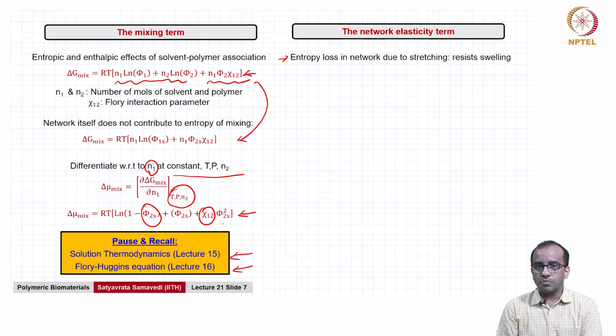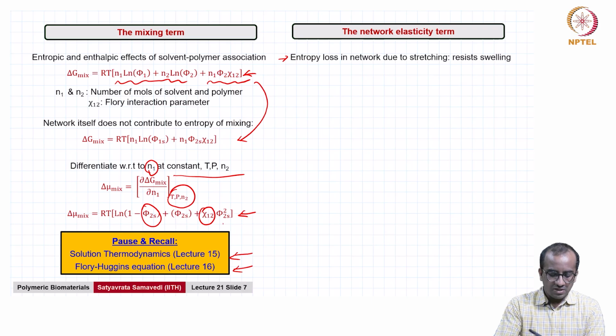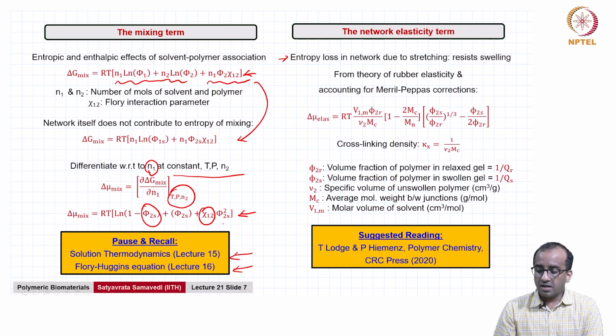So that is going to resist swelling, and you will see that that is going to have its own consequences for how much a hydrogel can swell. Now the expression for the delta mu, the elastic contribution, comes to us from the theory of rubber elasticity or the Flory-Rehner theory.